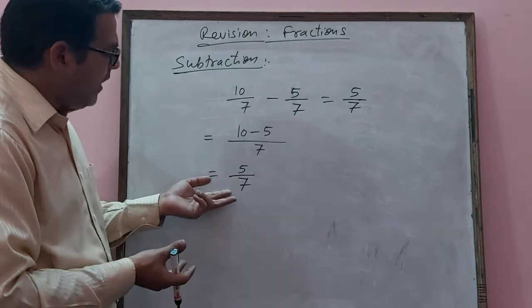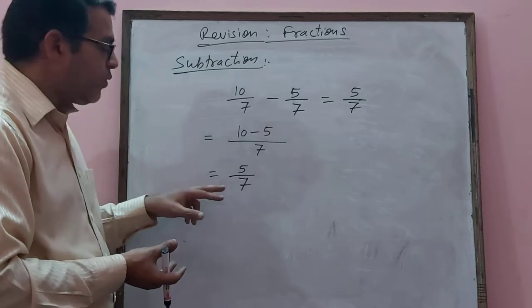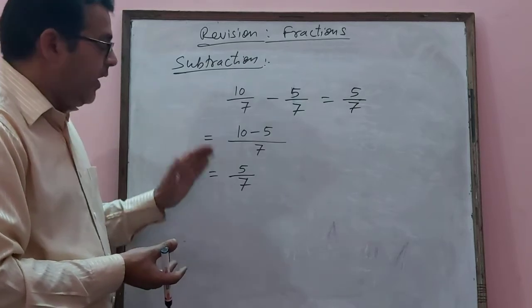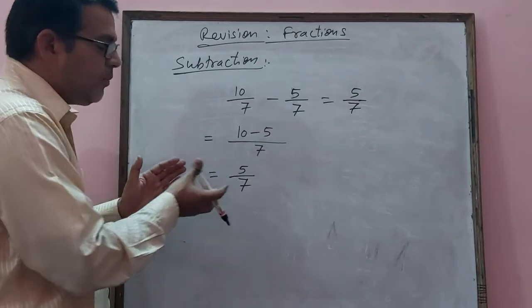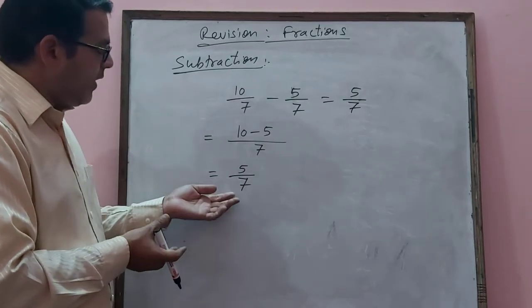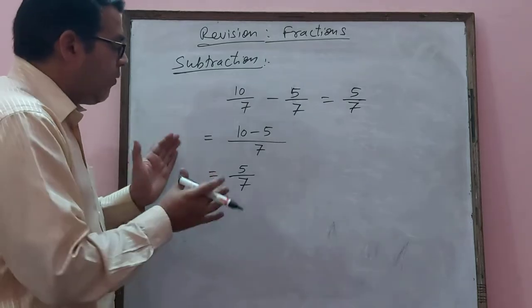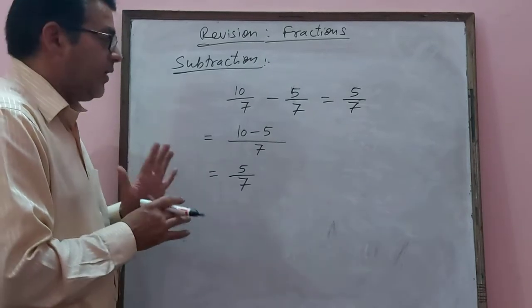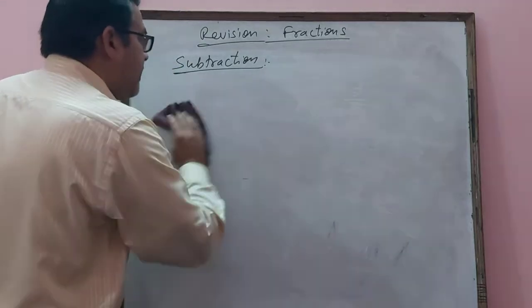We can see here 5 by 7, there is nothing common except 1, so we can't reduce it. It is already in simplest form. And second thing, this fraction is a proper fraction, since we know that 7 is greater than 5, so nothing to do. 5 by 7 is the answer only, right? Hope you understand. Now we will take another example.